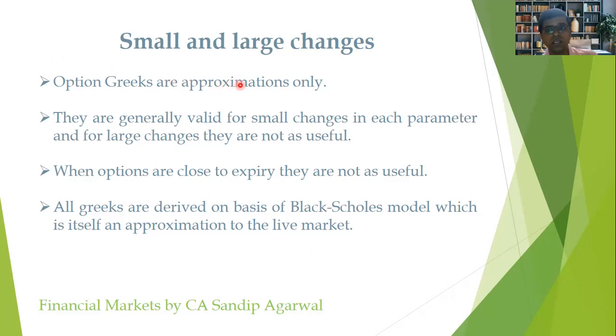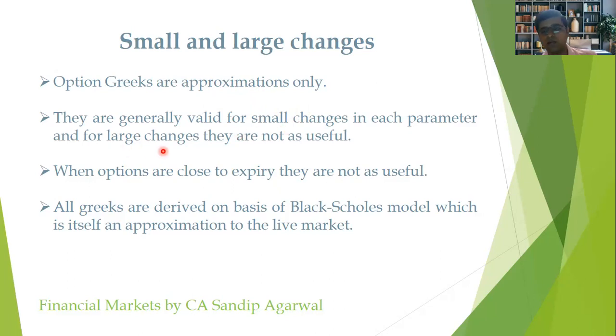Now, option Greeks, which I've explained, are basically approximations only. As I explained, the option Greeks are ascertained with the help of a model known as the Black-Scholes model. And the Black-Scholes model is generally valid for small changes only. For large changes, it is not as useful.